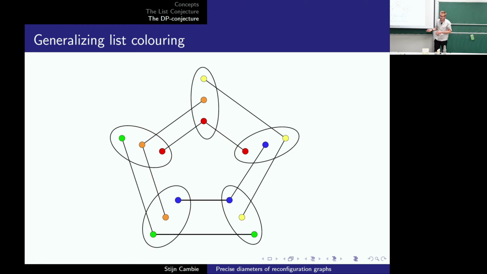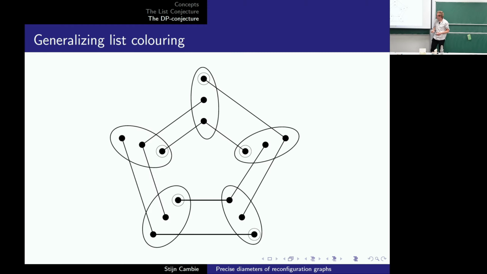Okay. Well, we still see colors, maybe some of you didn't like colors, so we do not have to care about the colors anymore. So everything about finding a proper list coloring is now inside this graph. We want to find a vertex in every list, which corresponds to a color in every list, such that we have selected an independent transversal, as then automatically, the vertex neighbors have been colored with a different color.